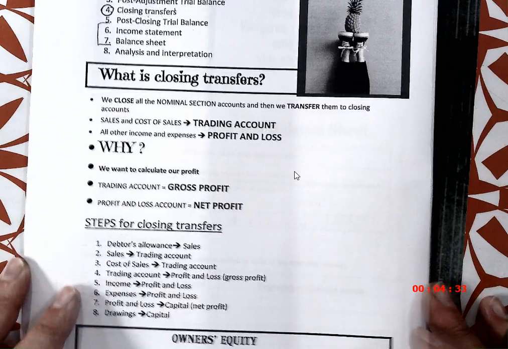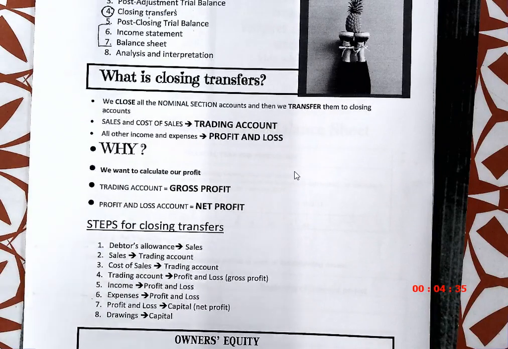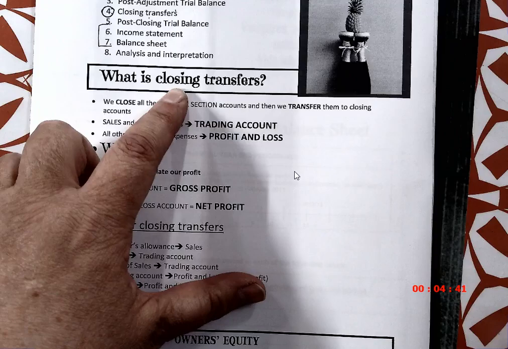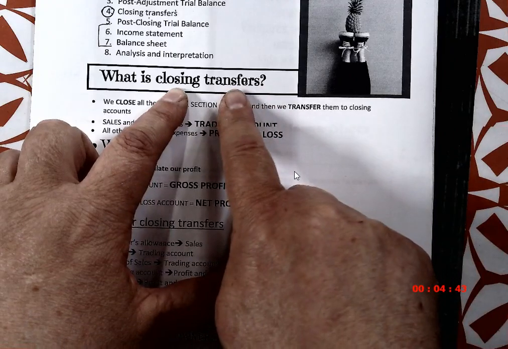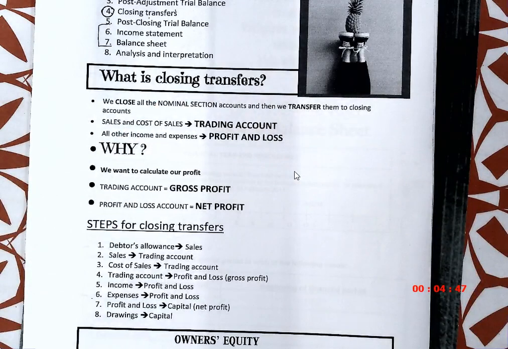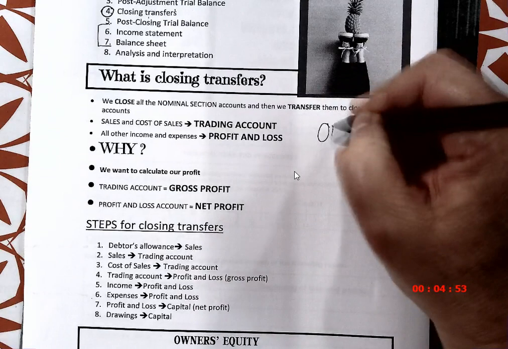So, what is a closing transfer? Now, can you see what it says? I'm going to close something and I'm going to transfer something. Okay. So, what am I going to close and transfer? Basically, my owner's equity.